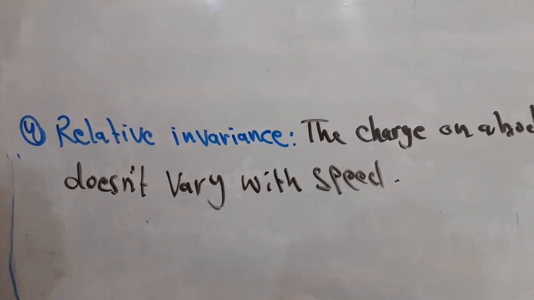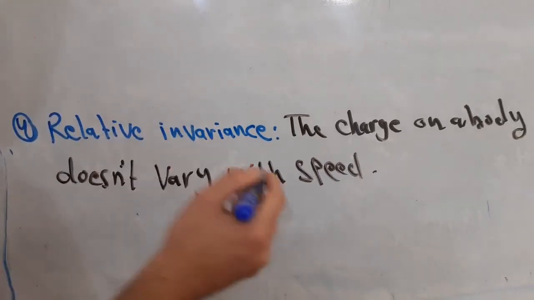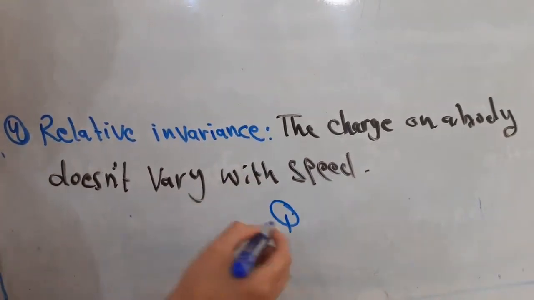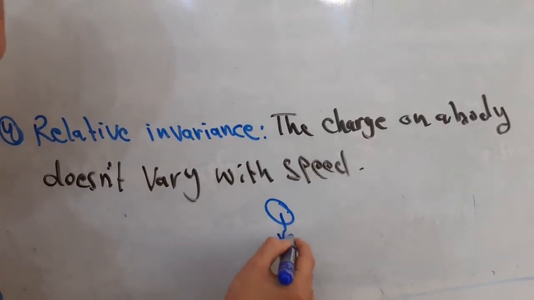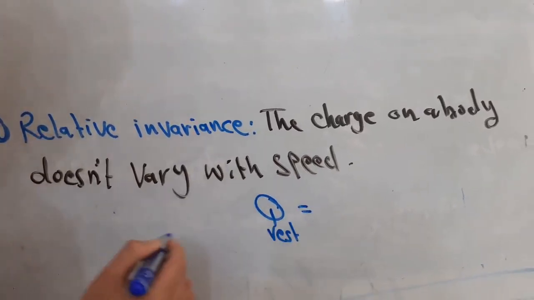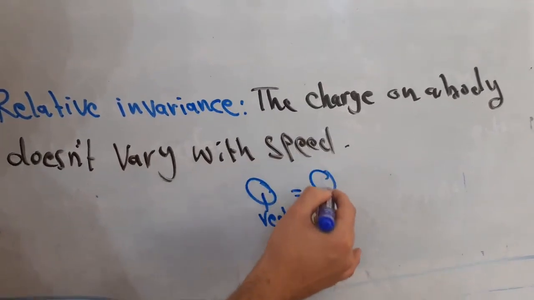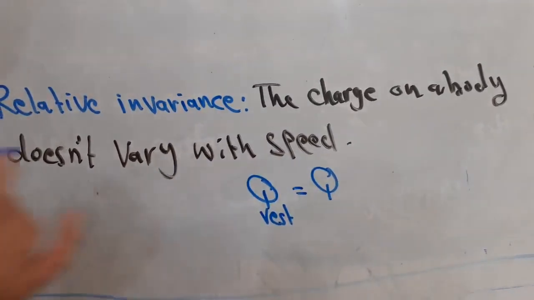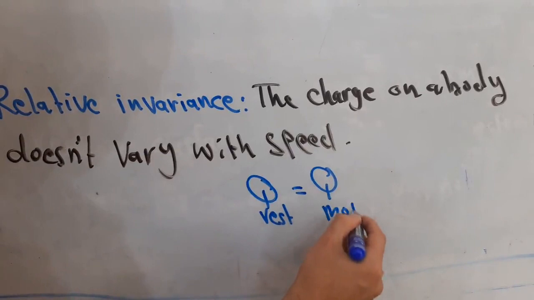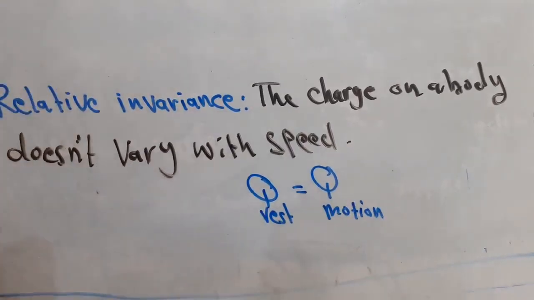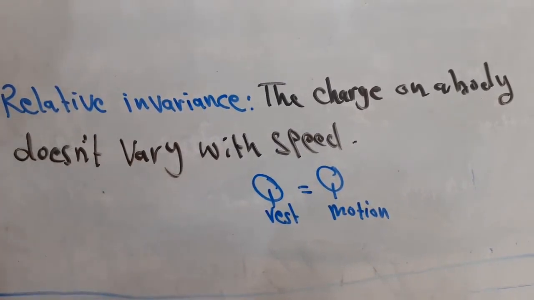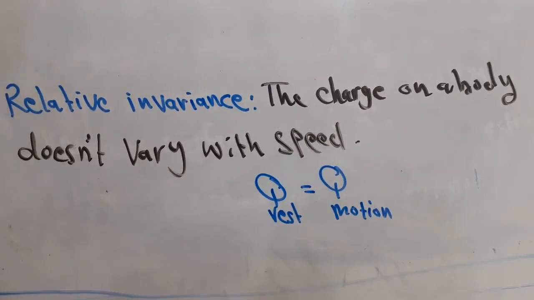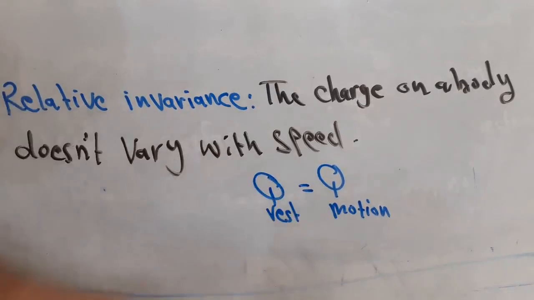This property means the Q on objects at rest stays the same even with the object's motion. Okay, the charge doesn't change with speed. Still the same. Q rest equals Q motion. This is number 4.